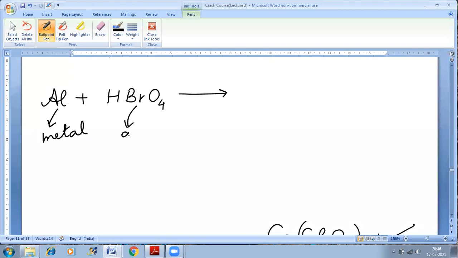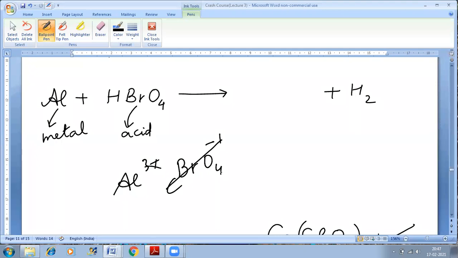This is an acid. So metal plus acid will give me salt plus hydrogen. For the salt, again I have to make use of the cation and the anion. So Al3 plus and the anion is BrO4 minus. So 1 comes here, 3 goes there. So what will happen? Al(BrO4)3. This is the formula of the salt.